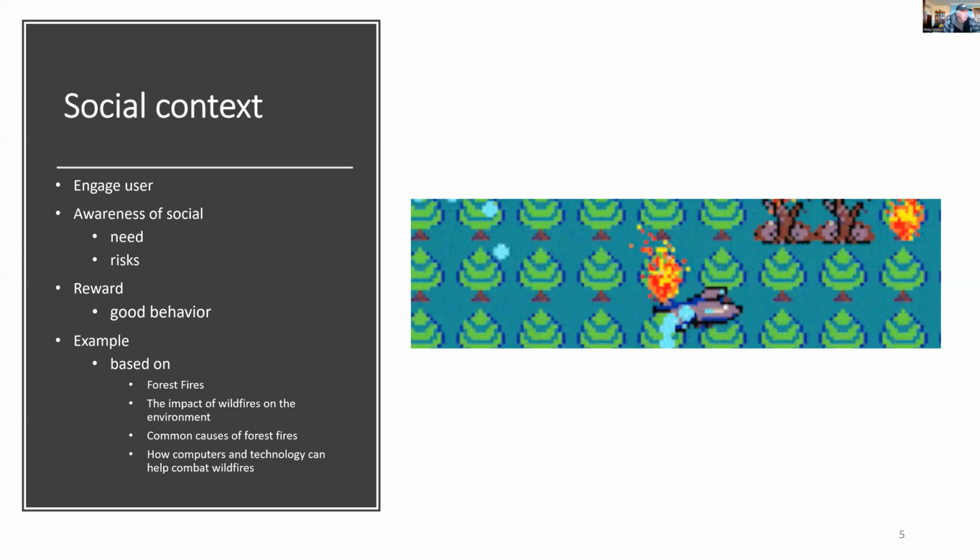And what are the risks in doing that? One of the game strategies is to reward the gamer for good behavior by giving them points. The example shown here comes from Microsoft in a separate game competition where they provided additional material. Users had a background about forest fires, and there were additional resources that helped you create your game for that particular theme.